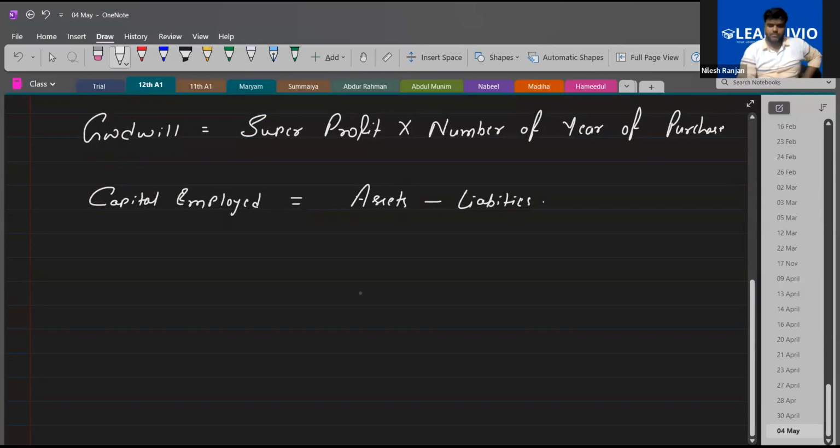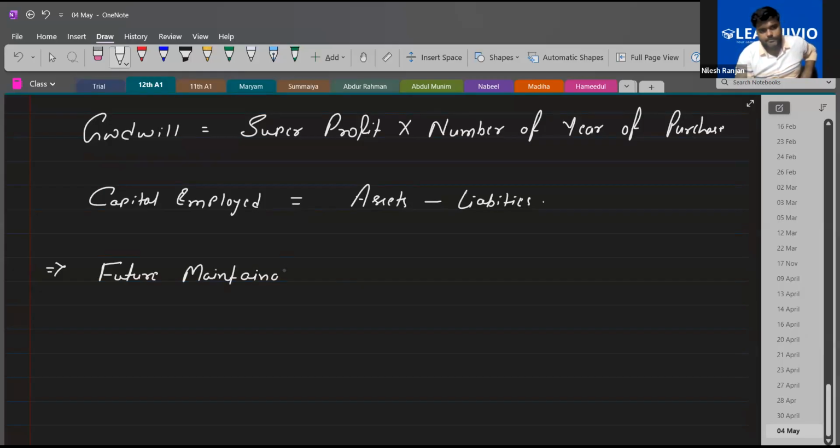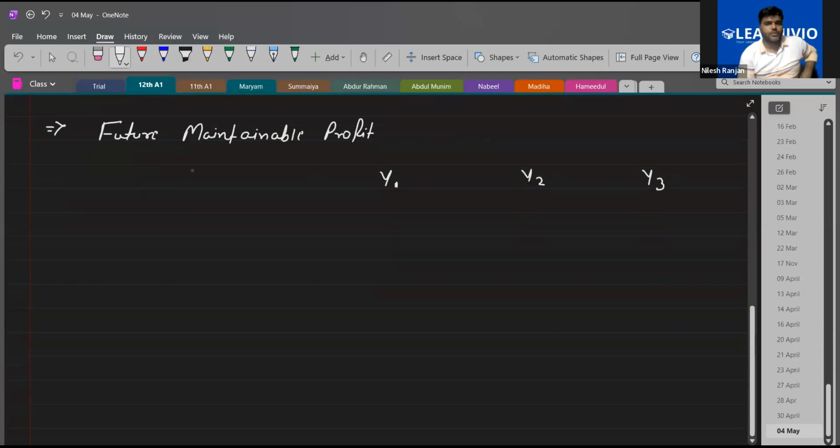There is one little concept that we have discussed in the previous portion, future maintainable profit. Year one, year two, year three. First, you will write profit for the year.